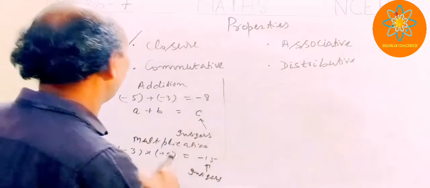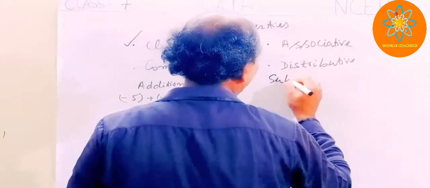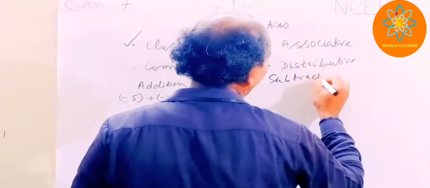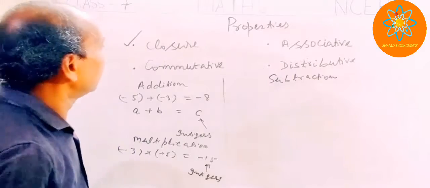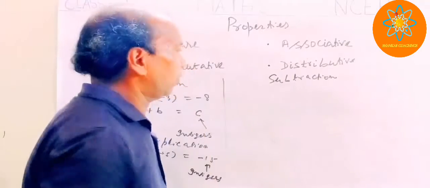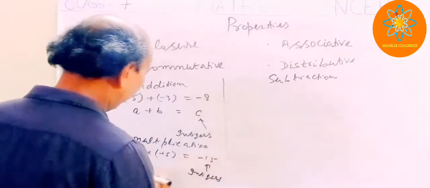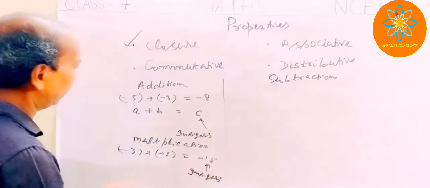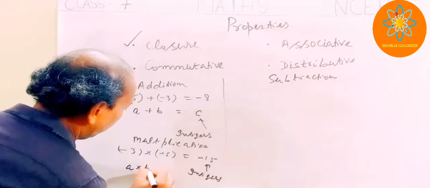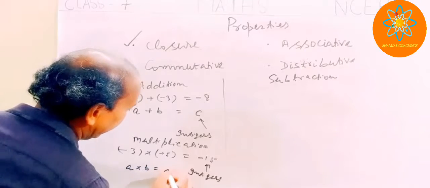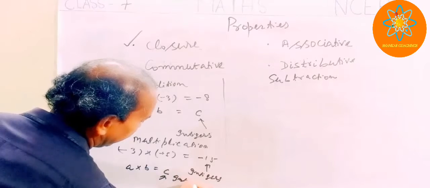Similarly, I will take the next one, subtraction. Now I want to see whether the subtraction has the closure property or not. Before that I can generalize the multiplication also. That is suppose a into b, I am getting c, and this c is also an integer.